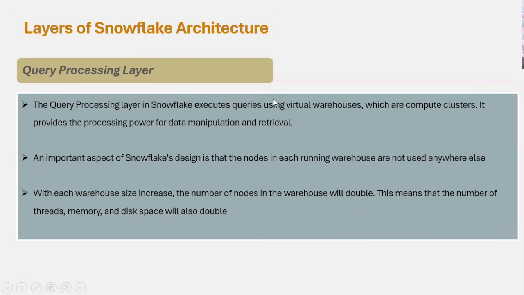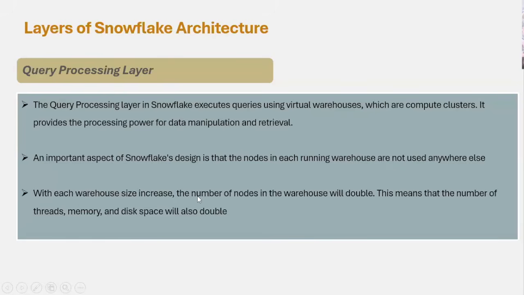Now, same about the query processing layer, which I already mentioned, that virtual warehouses are independent of each other. I can have a separate virtual warehouse for loading the data from an ETL tool, let's say Azure Data Factory, to Snowflake, and I can have a separate warehouse for querying the data from Snowflake through Power BI for my business users.